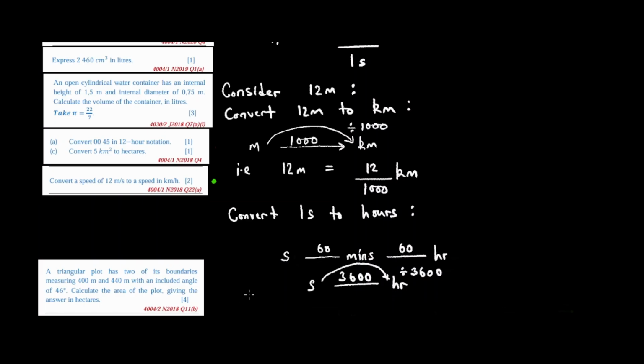Asi kana muchida fara zvima illustration, kana tine 3600 seconds tinodivide na 3600 kuti tiwane 1 hour. Saka from seconds to hours we divide by 3600. Kana musoro bata, please ndudze muma comments. I will find a way of explaining it.